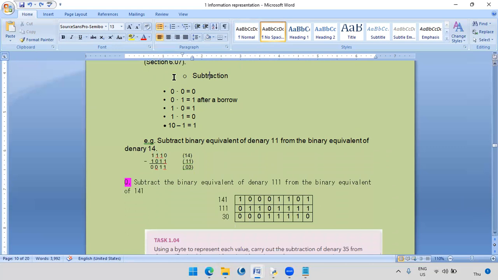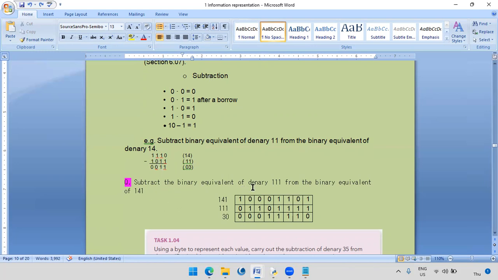Then the subtraction, again, this is like a reminder I have given. Subtract the binary equivalent of denary 11 from the binary equivalent of denary 14. What do you do? It is 14 minus 11. So it should be 3. That is okay. When you do that, normal, nothing happens.